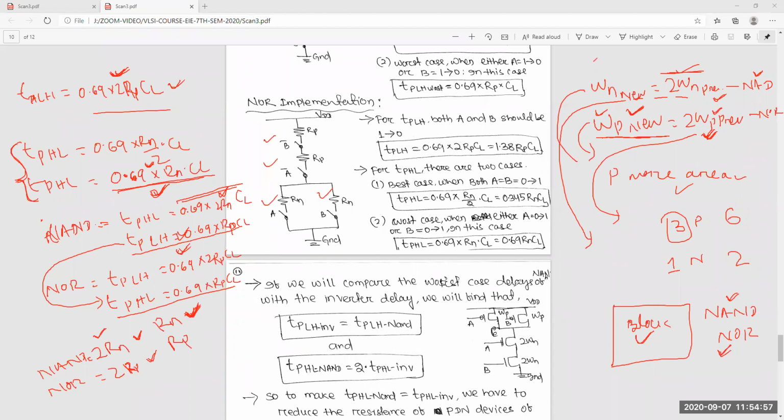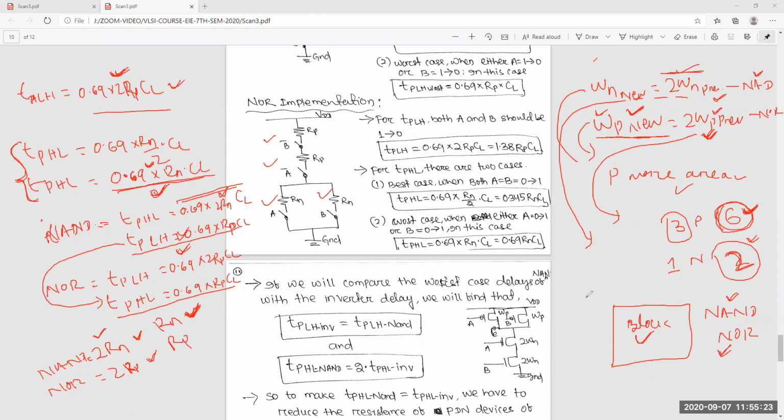NAND. Because if you implement with NAND, to get the same performance, you are increasing the area 2 times. But if you use a NOR gate, you are increasing 6 times. It's 3 times more area. Yes or no? Yes, yes.